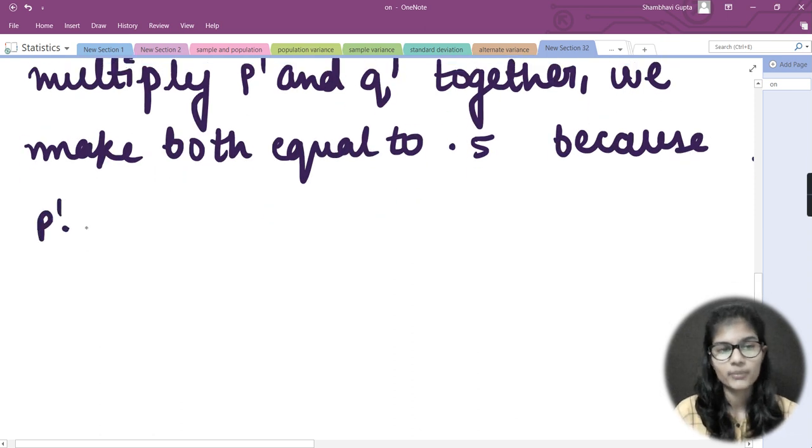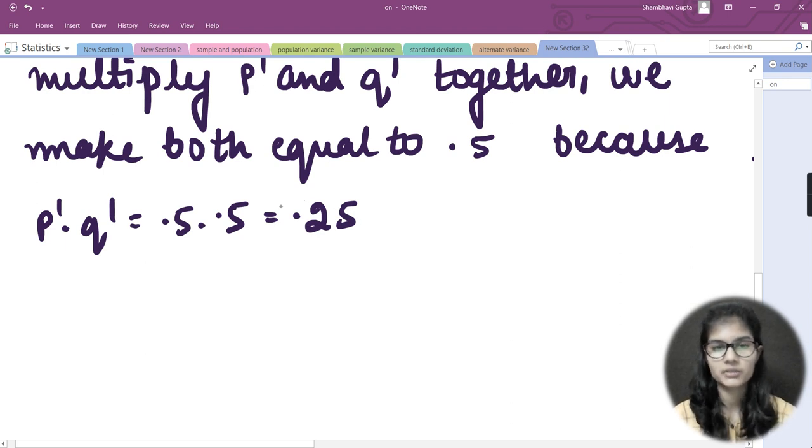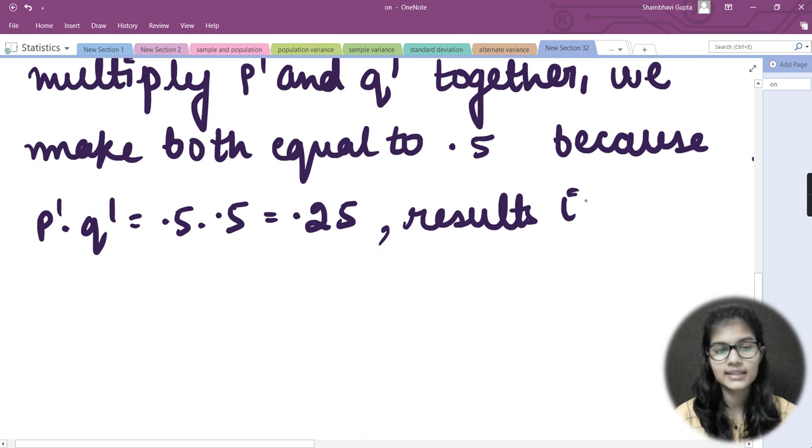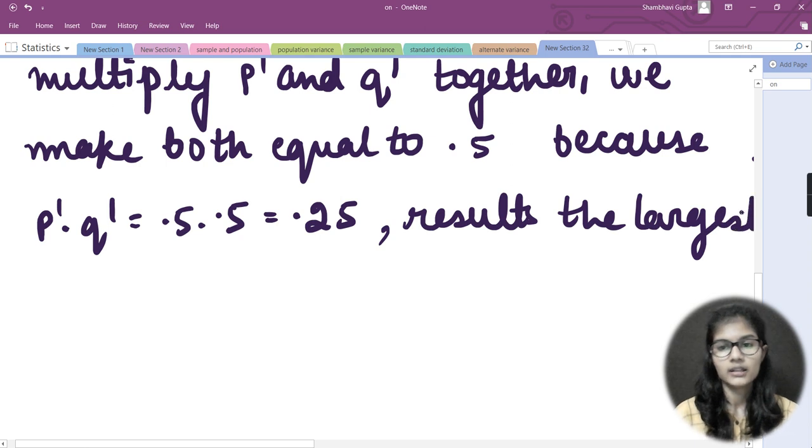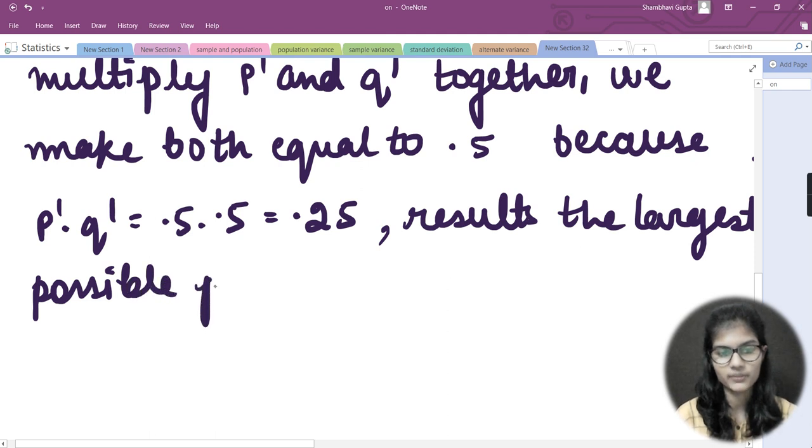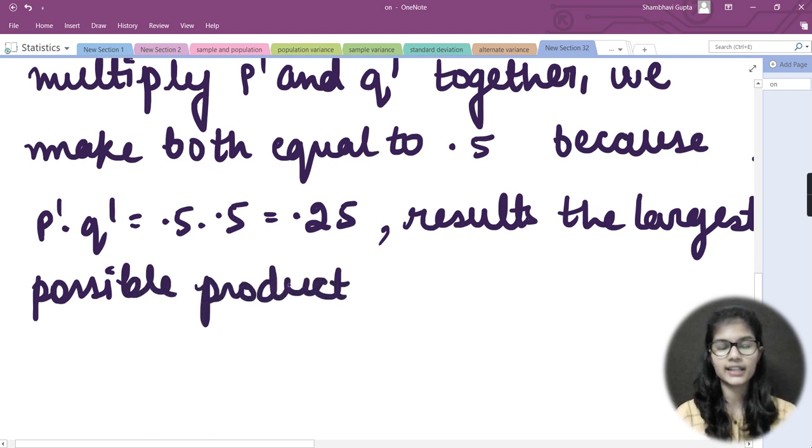Because P dash multiplied by Q dash is equal to 0.5 multiplied by 0.5, and that results in 0.25, the largest possible product that we can have for the values of P dash and Q dash. So this is why I am taking 0.5 and 0.5, because this results in the largest possible product.